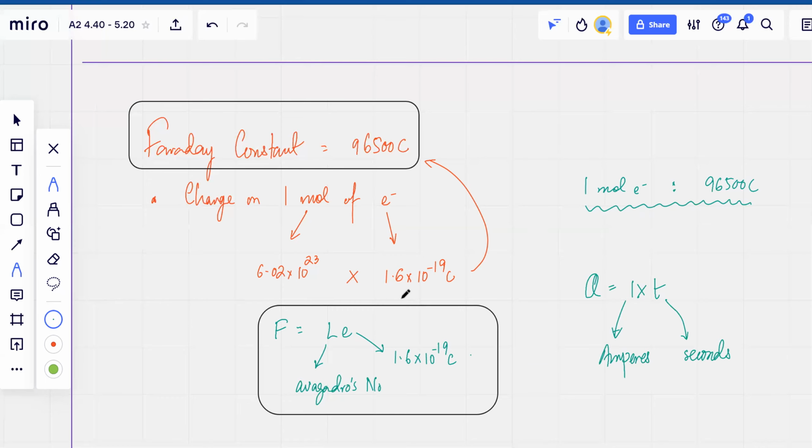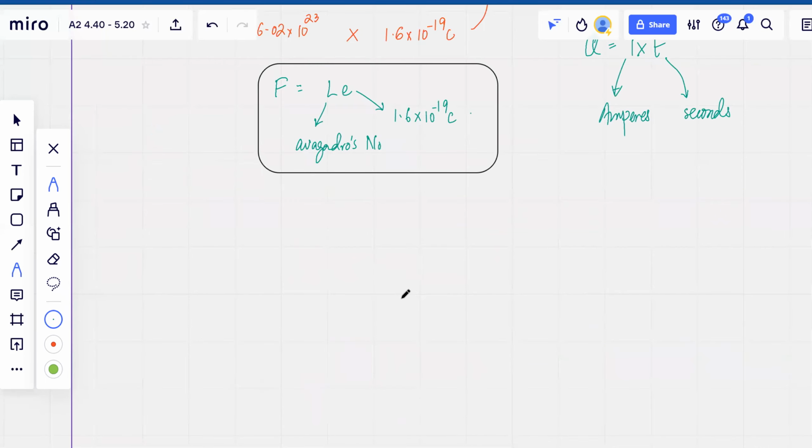For example, we're going to try a question like: a 1 ampere current is used to electrolyze copper sulfate for 45 minutes. Calculate the mass of copper deposited.